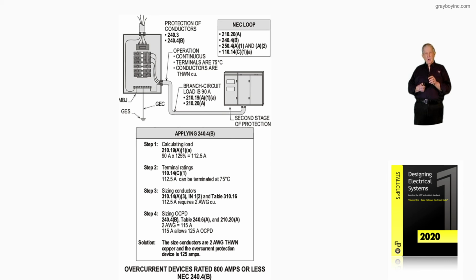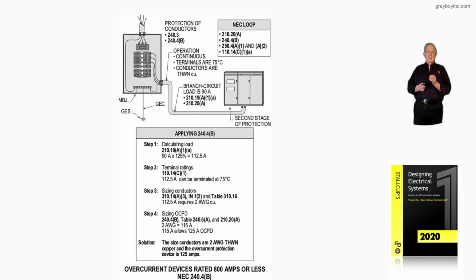So either in the equipment you'd have fuses or a thermal protector or some kind of second stage of protection to protect the conductors and the equipment, but the overcurrent device would allow full usage of a number 2 conductor at 115 amps.